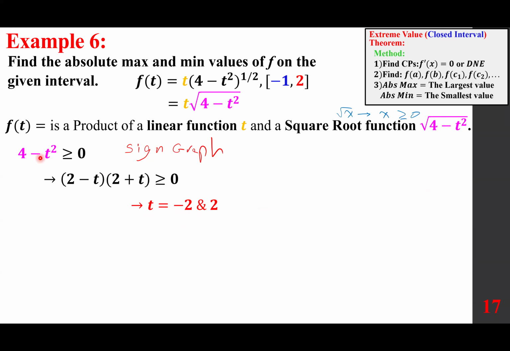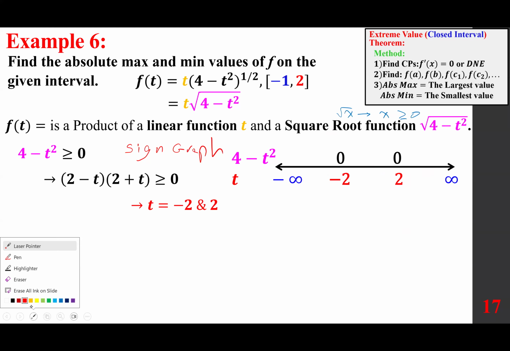At top, we put the function, in this case, this one. 4 minus t squared is 0 at negative 2, 0 at positive 2. We want to know which one gives us positive. Because of these two, we really cut this in 3 sub-intervals. From negative infinity to negative 2, from negative 2 to 2, from 2 to infinity.